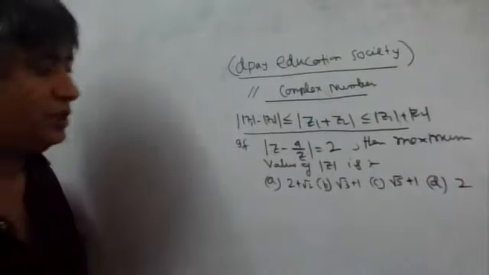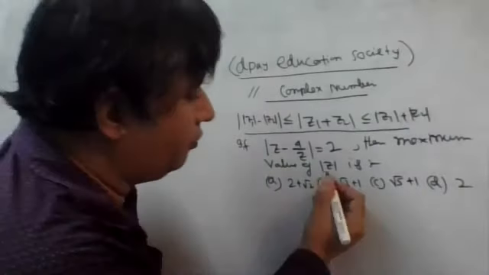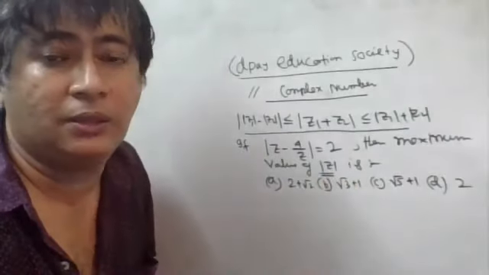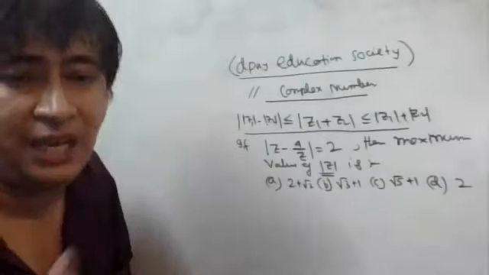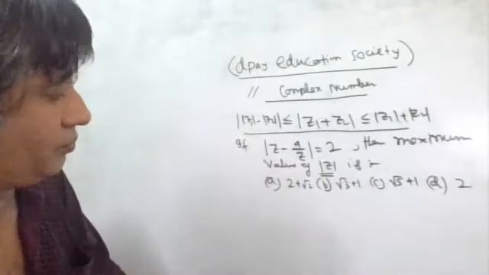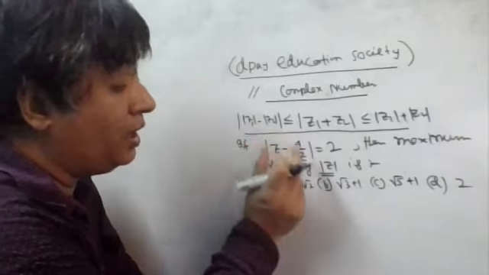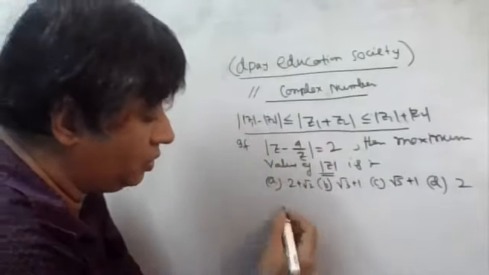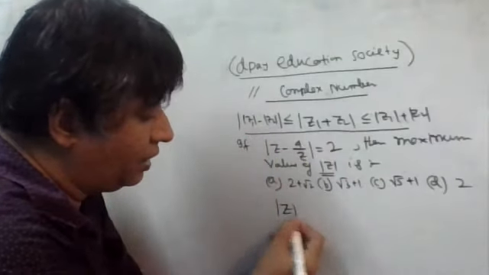Now, how to pursue this sum? We are told to find the maximum value of z, meaning the interval of mod z is asked, and we are provided this result. So let us start with mod z.